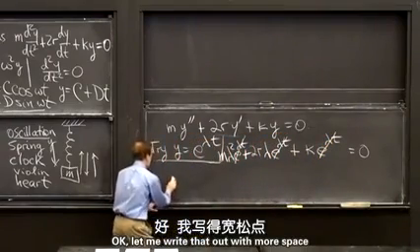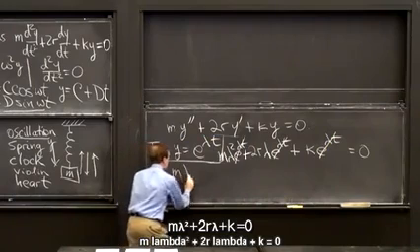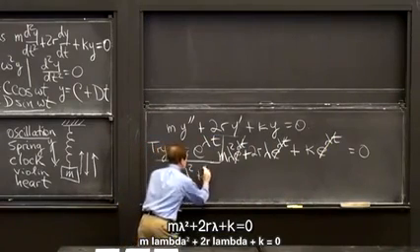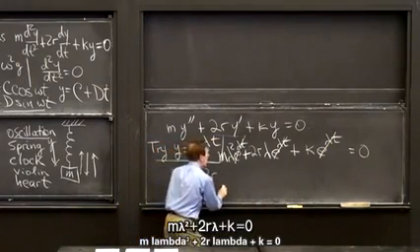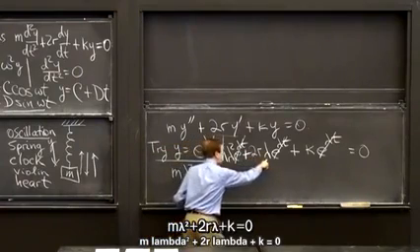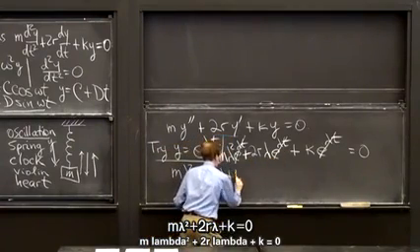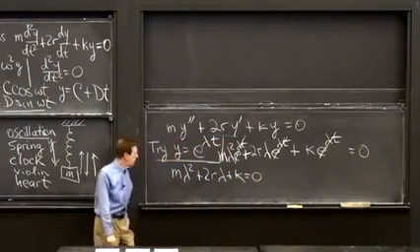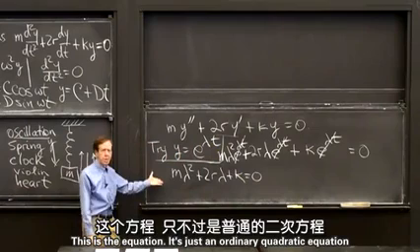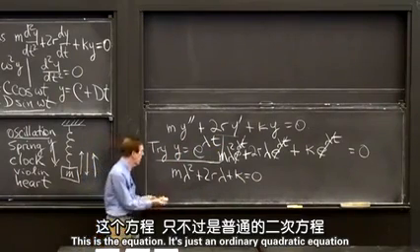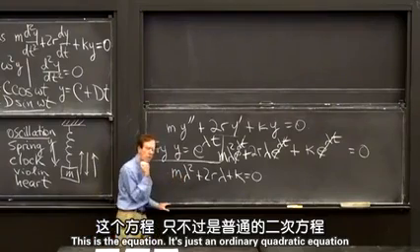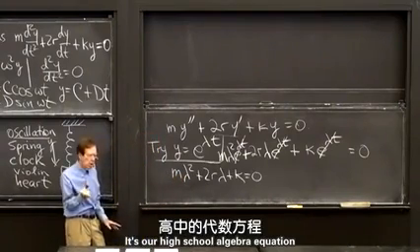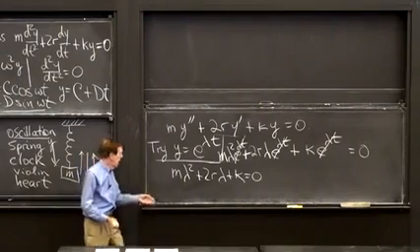Okay, let me write that out with more space. m lambda squared plus 2r lambda plus k is 0. This is the equation. It's just an ordinary quadratic equation, a high school algebra equation.